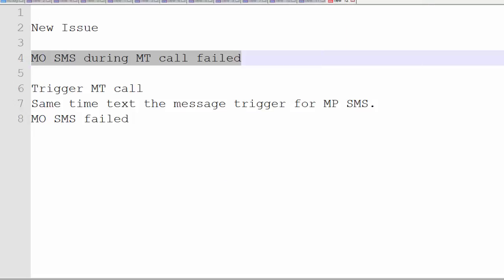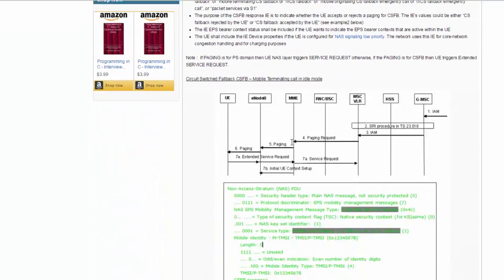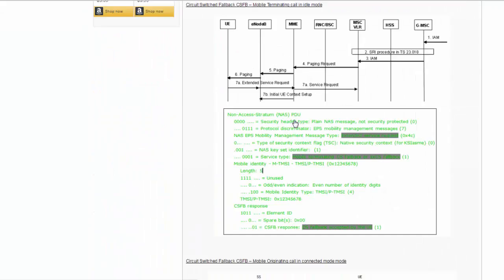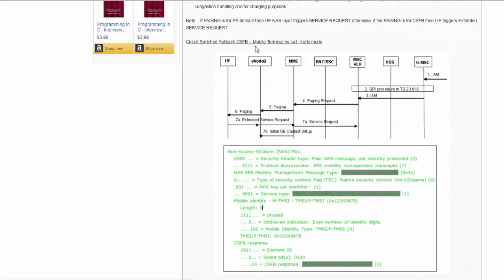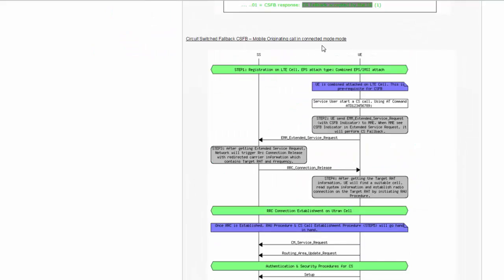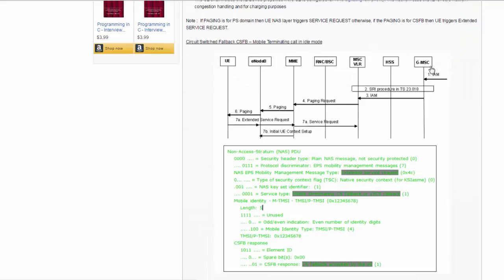This is CS fallback, and in CS fallback you will see here the mobile terminating call in idle mode and mobile originating in connected mode. In an MT call, what happens when someone is calling on mobile?